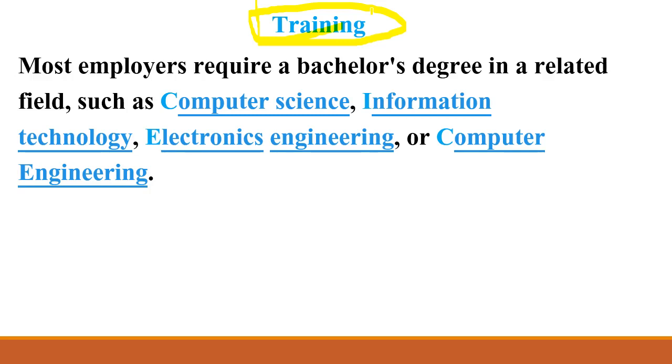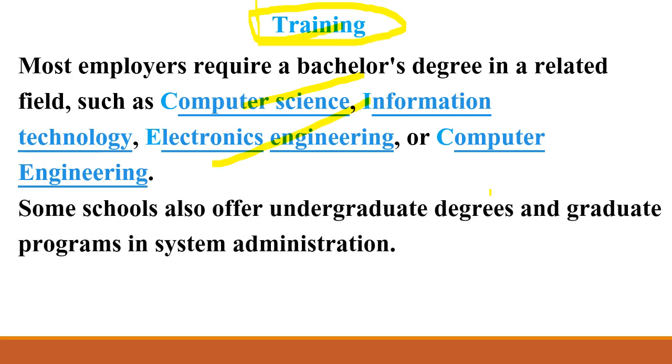If you are going to a company, they will call an educated, graduated guy, graduated in any bachelor degree such as computer science, information technology, electronics engineering, computer engineering. That is the basic requirement they will be looking for. Apart from this, nowadays certain institutes will give you training for system administration, providing graduate or undergraduate kinds of certification programs.